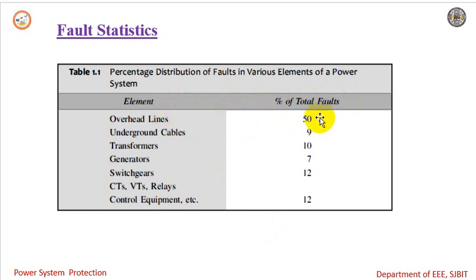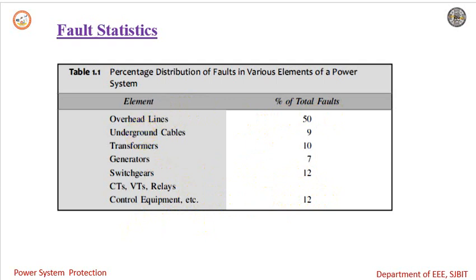Underground cables, it is 9%. Transformers, 10%. Generators, 7%. On switchgear equipment, that is CT, PT, relays, it is 12%, and control equipment etc., 12%. So a major 50% of the faults occur on the overhead lines.